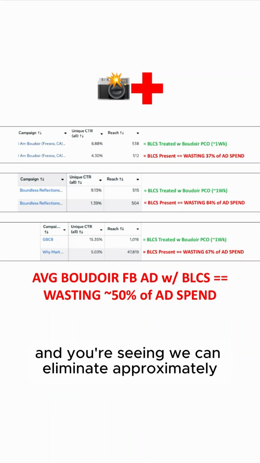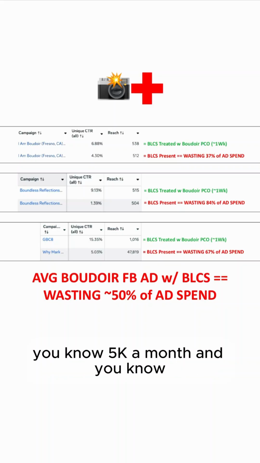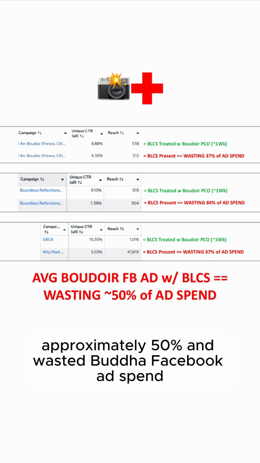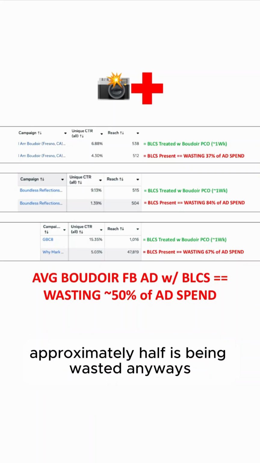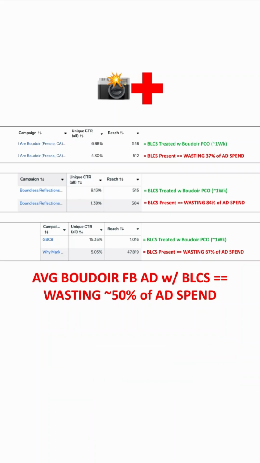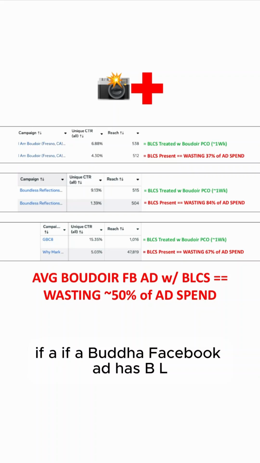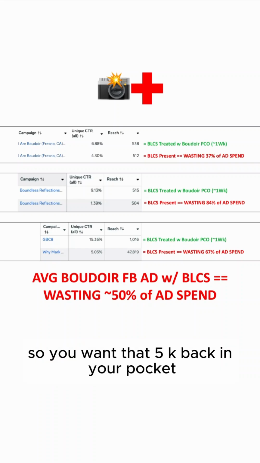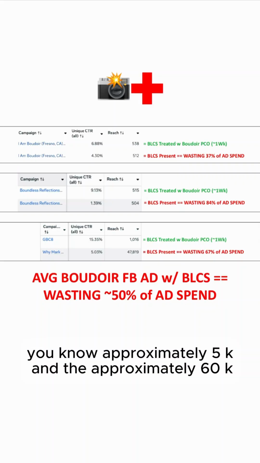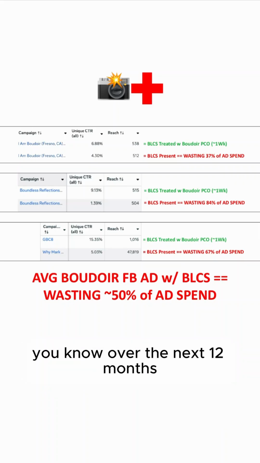And you're seeing we can eliminate approximately 5K a month, approximately 50% in wasted Boudoir Facebook ad spend. Put that back in your pocket instead of Zuck's, because we already know approximately half is being wasted anyway right now if a Boudoir Facebook ad has BLCS. So you want that 5K back in your pocket, and the approximately 60K over the next 12 months.